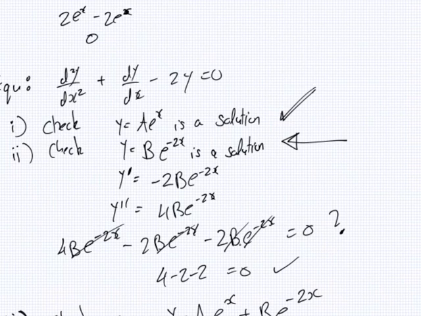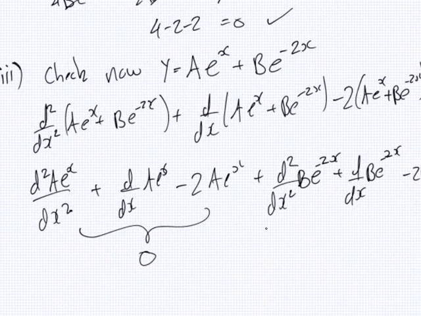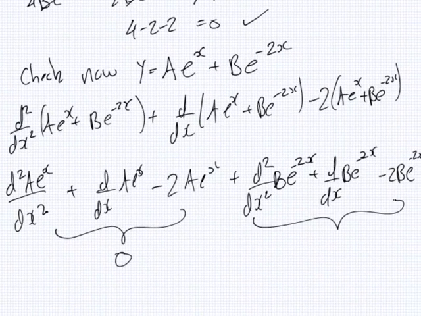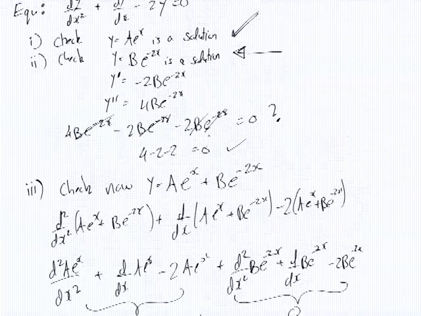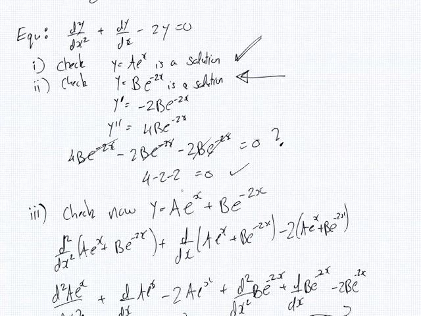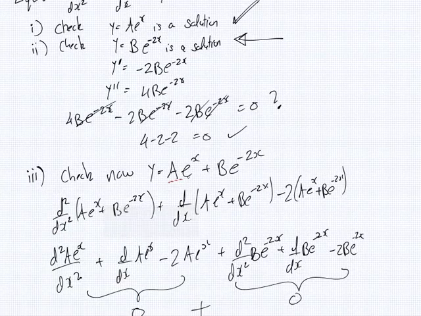We said that in part 1. So we know that this is 0, and likewise this will simplify to 0. So together it's 0. In other words, if you know this works, and you know this works, then adding them together will also work.